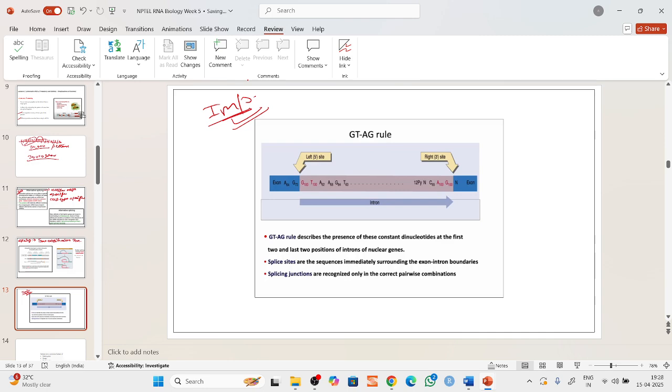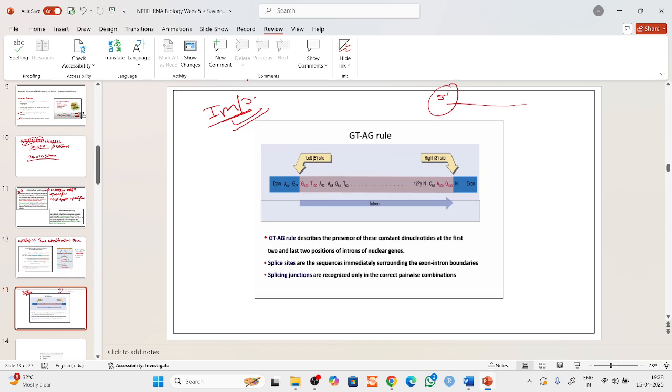You see, this is the intron. There is a 5 prime end of the intron from where the intron starts, and this is the 3 prime end of the intron from where the intron ends. Now, the GT-AG rule means that at the start of the intron there would be GT, and at the end of the intron there would be AG. And the splice sites are the sequences immediately surrounding the intron-exon boundaries.